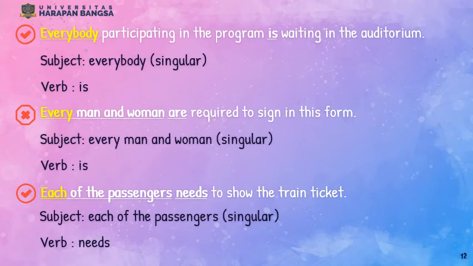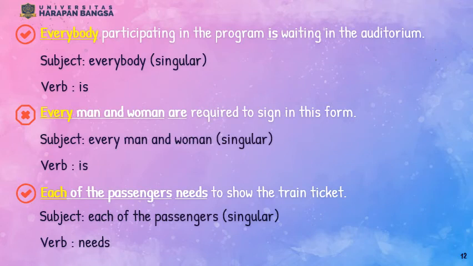Next, every man and woman are required to sign in this form. Here you have the verb are and the subject every man and woman. Remember, the subject is using every. If you have every, so the noun is always singular.